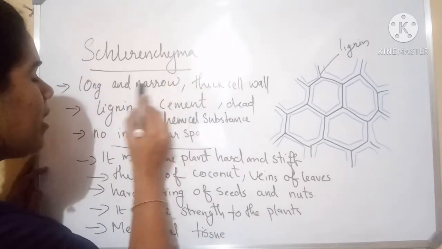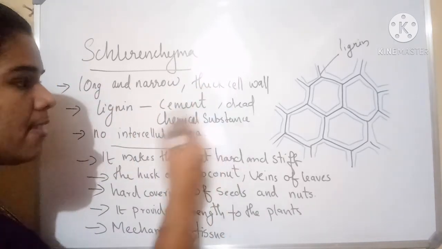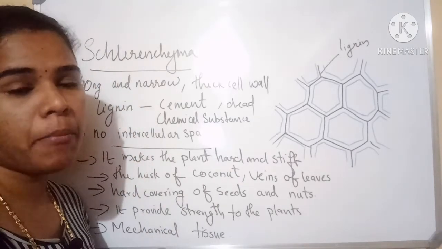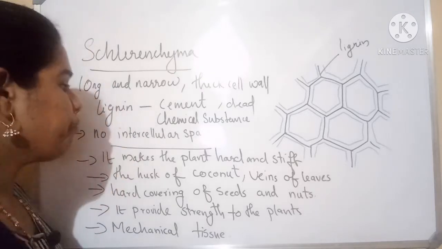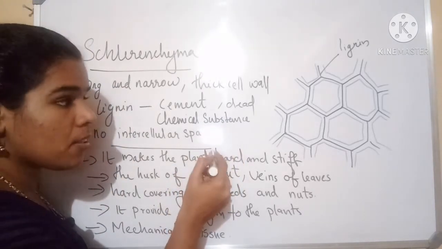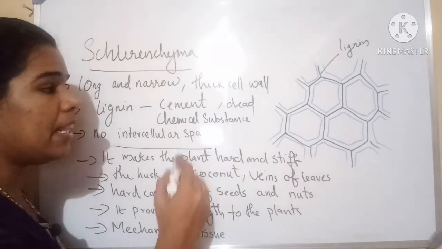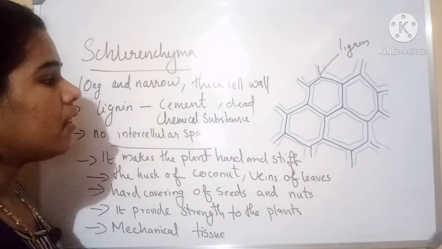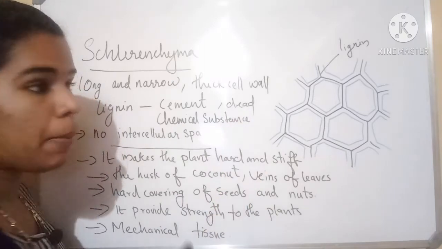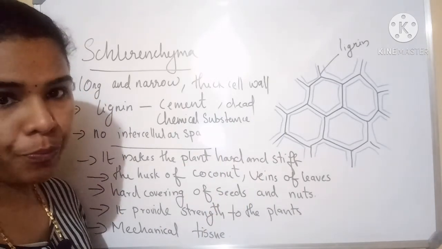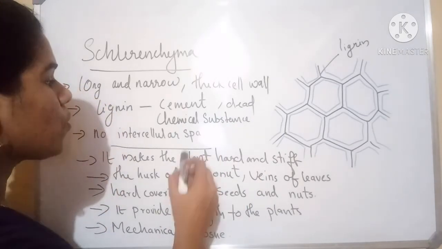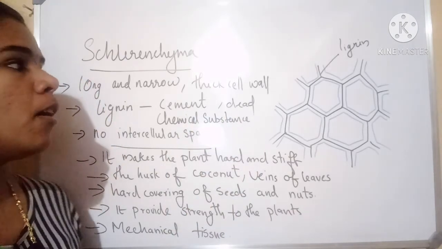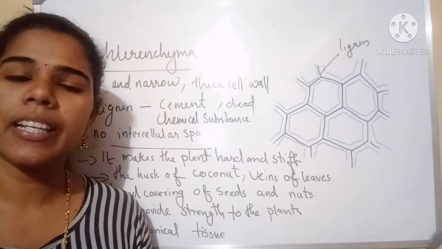Sclerenchymatous tissues are dead cells, not living cells, but collenchyma and parenchyma are living cells. From this topic, the question mainly asked is which tissue is a dead tissue.